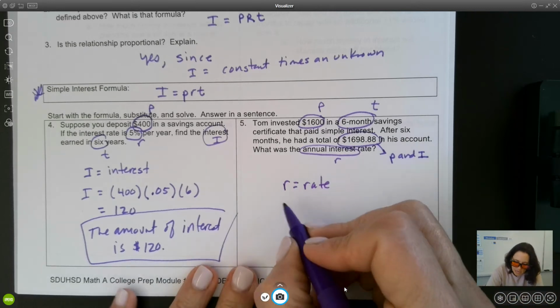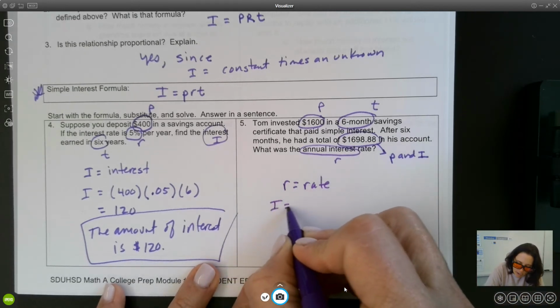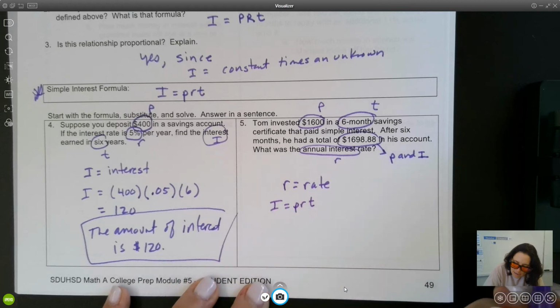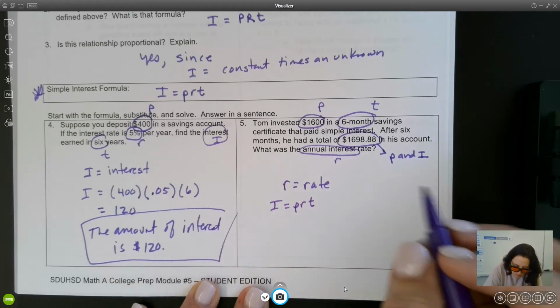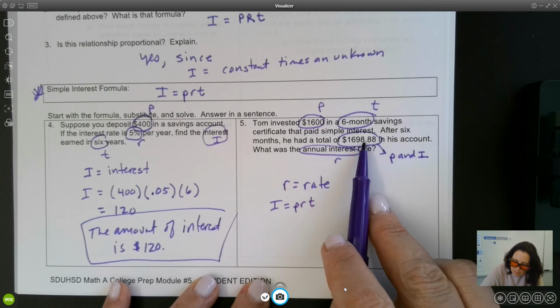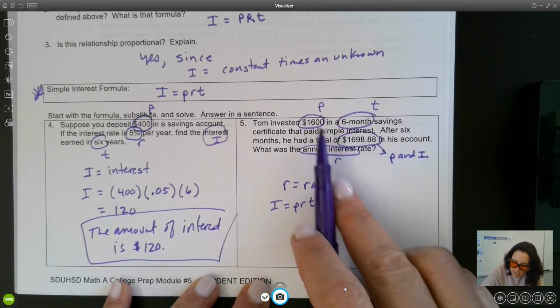So we're going to use I equal PRT. So the interest, we're going to do this minus this.